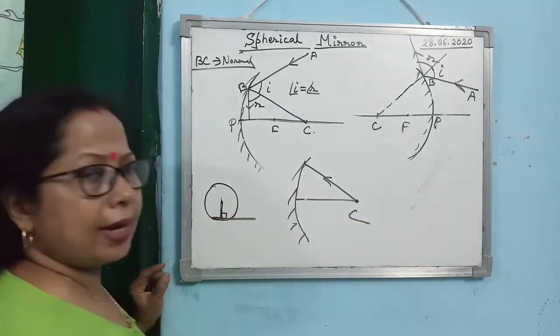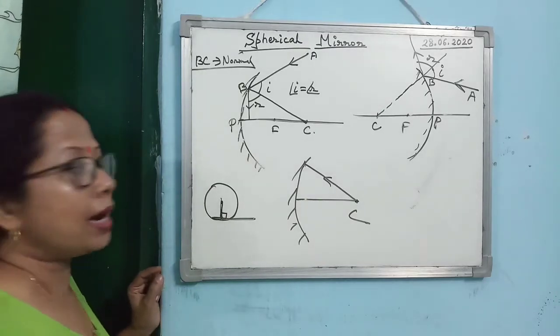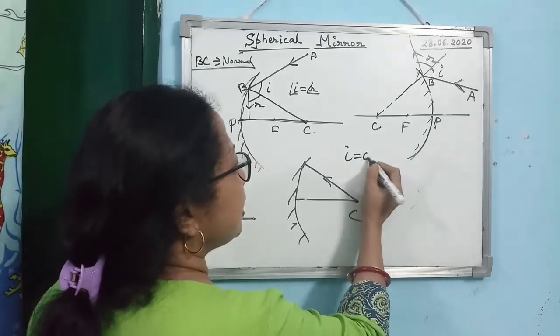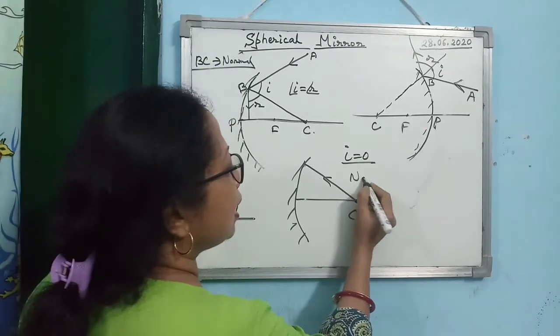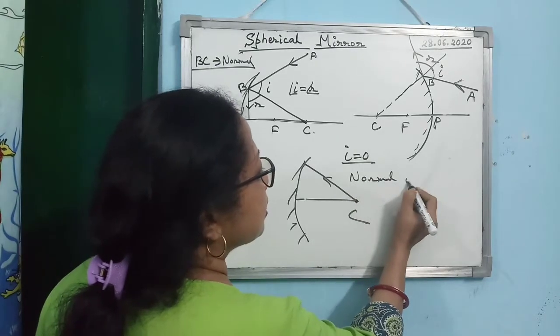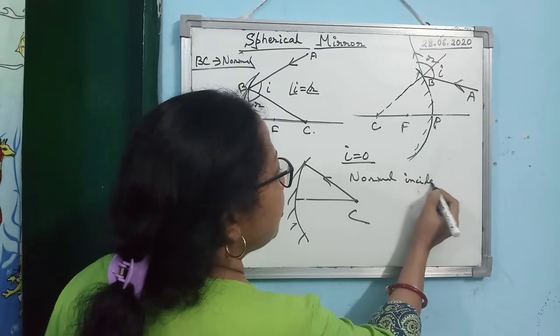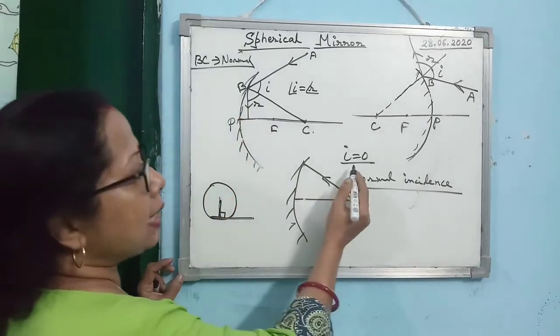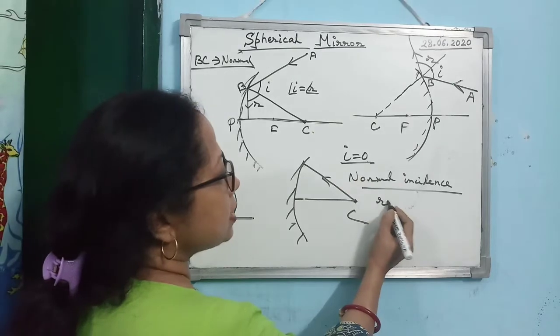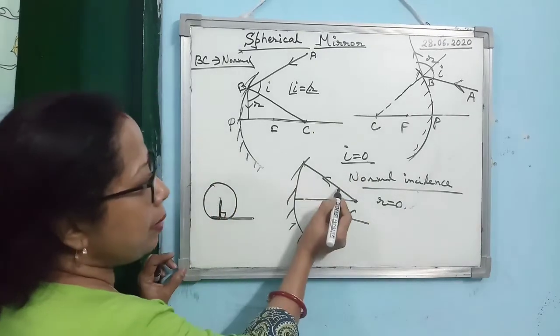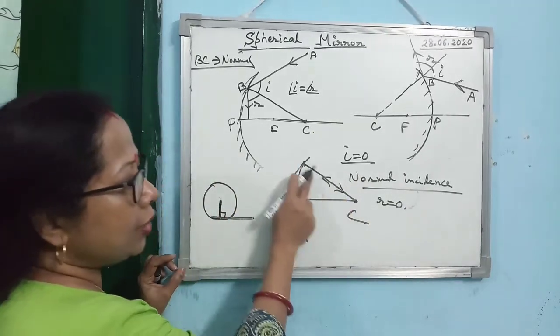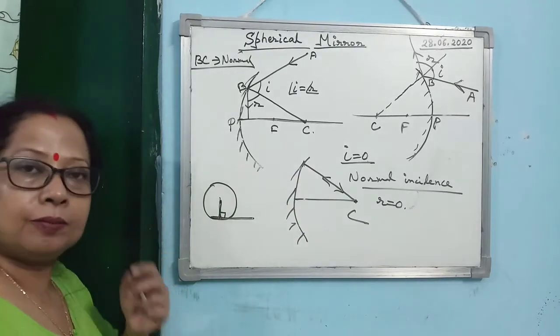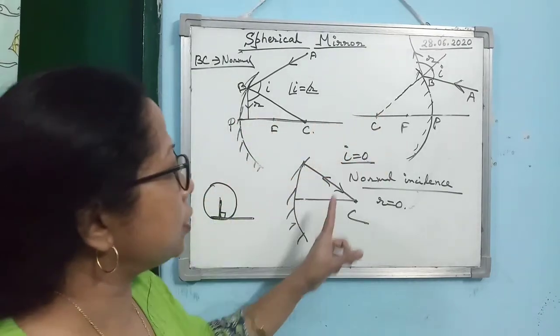The light ray is falling on the mirror with an angle of incidence 0, known as normal incidence. So when the light ray is suffering normal incidence, what is the angle of incidence? 0. So what is the angle of reflection? 0. Means the light ray will retrace the same path.